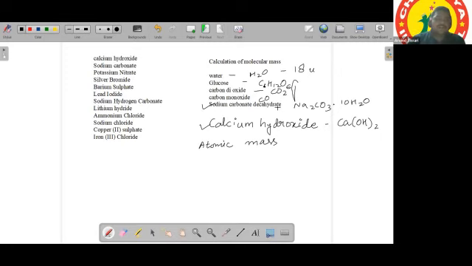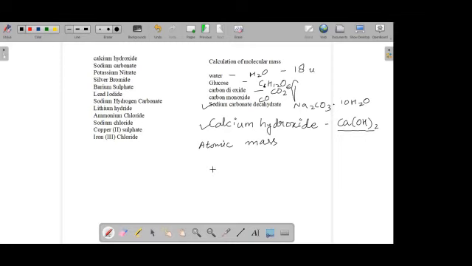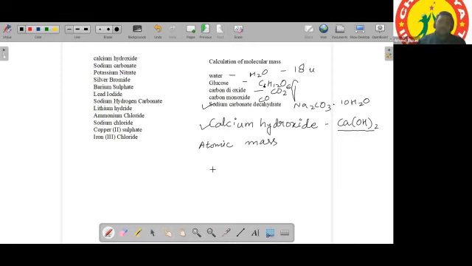You got this? Okay. Harini, can you tell what you have calculated for calcium hydroxide? I want to check for this. Sir, I haven't reached there yet. Okay, so do this.